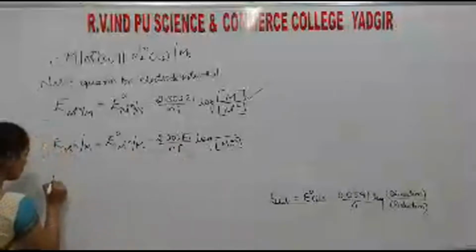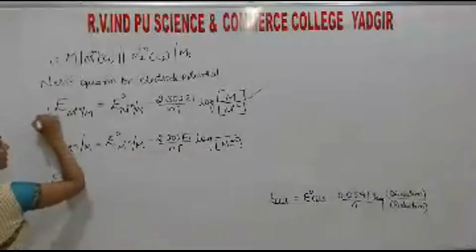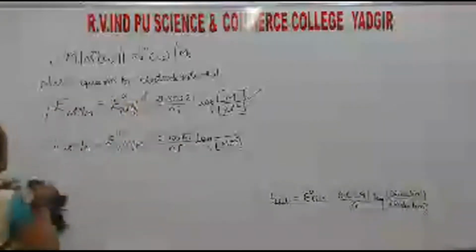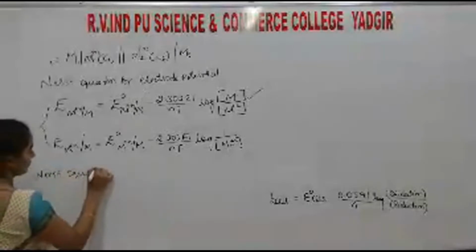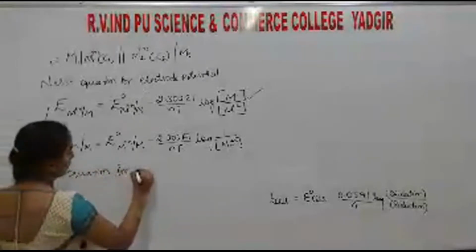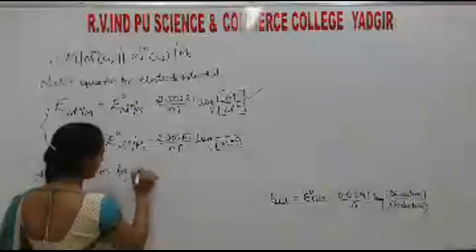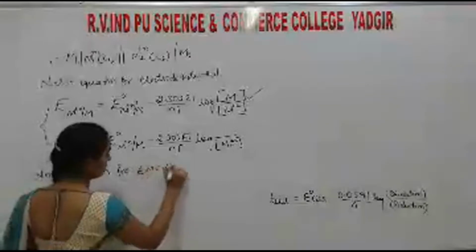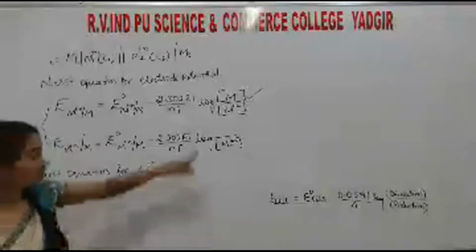Okay, so E cell, this is for individual electrode. Already I wrote. Next, last equation for EMF of cell. EMF of cell, complete cell, not individual electrode.